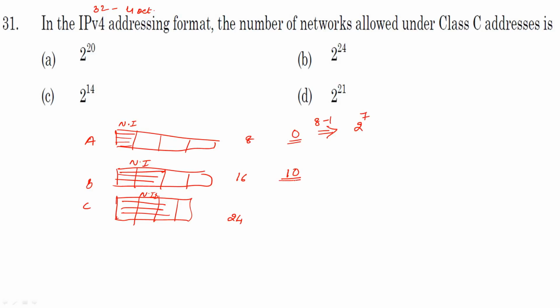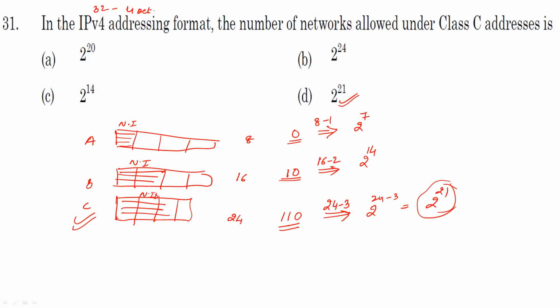So we subtract 16 minus 2, so it is 2 to the power 14 for class B. And for class C, the first 3 bits are fixed, it is always 110. So we subtract 24 minus 3, which is 2 to the power 21. So the answer should be 2 to the power 21 for class C. Okay, this is D, 2 to the power 21. This is the answer.